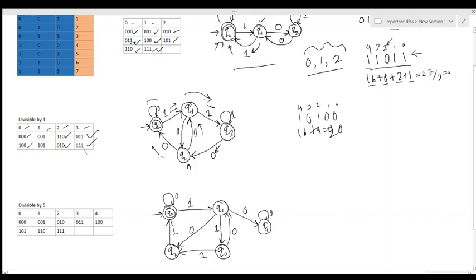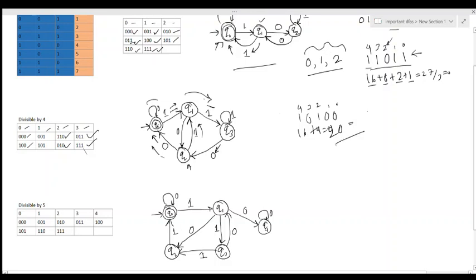We start with Q0, take a transition with 1 to go to Q1, then we take 0 to go to Q2, then again consume the input 1 and go back to Q1, then again 0, reach Q2, then again a 0, reach Q0. So in this way you can verify that any number is either divisible by 4 or gives some remainder between 0 and 3.